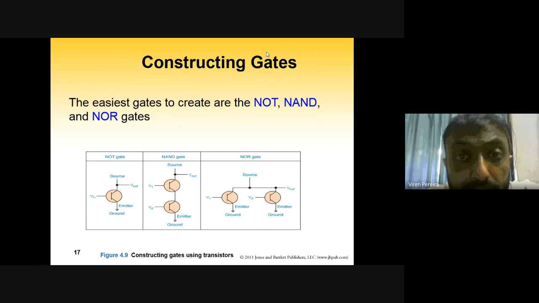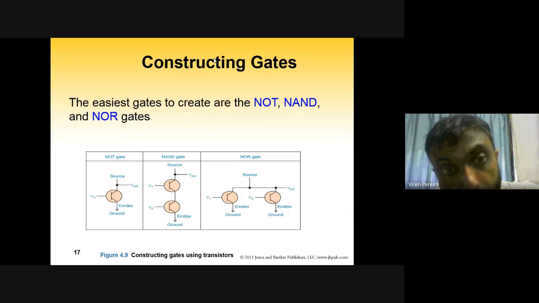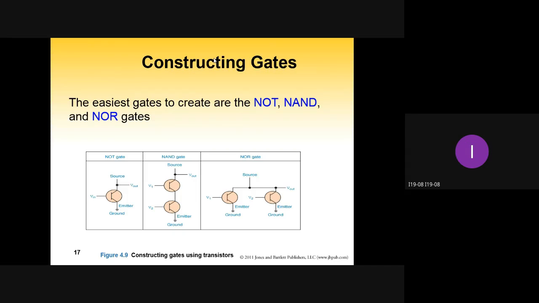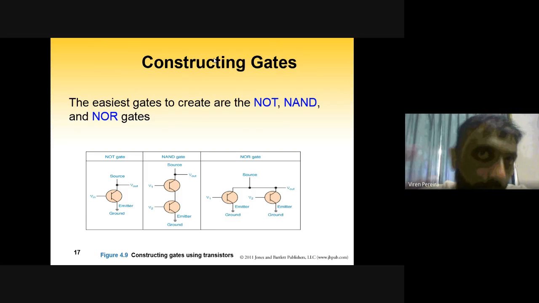Anyways, constructing gates. The easiest gates to create are NOT, NAND, and NOR gates. So now we will construct the NOT gate, NAND gate, and NOR gate using these transistors. Now, why are we using NAND gate and NOT gate to construct other gates?